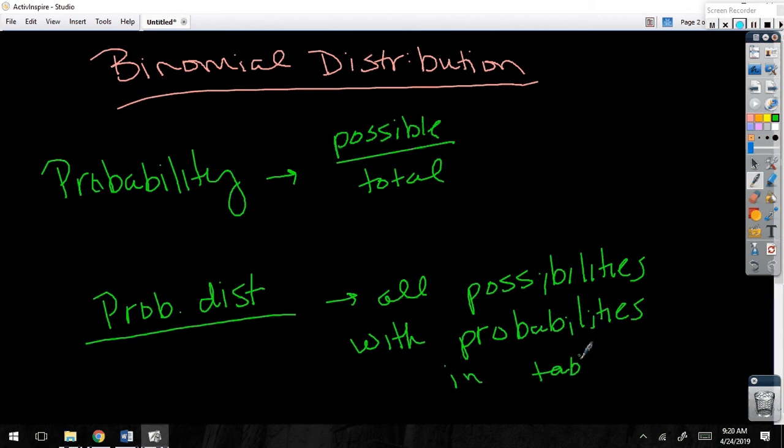In a table. So if it lists everything, then your probabilities should all sum to what? 100%, right? Or a 1. Because it's every possible outcome listed in the table.